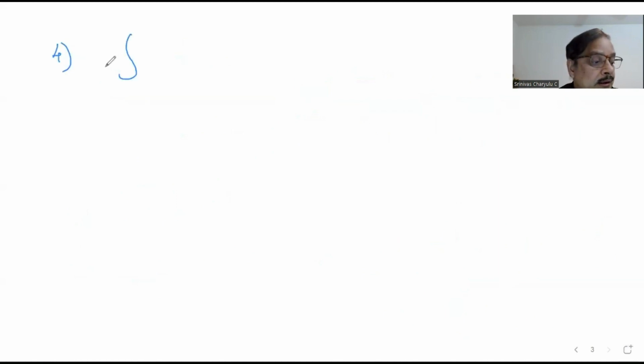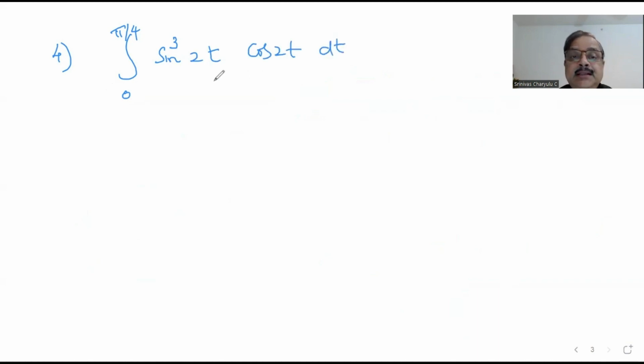Integral 0 to pi by 4 sine cube 2t cos 2t dt. In this case, we again have to take the method of substitution. Which one will we take? Put sine 2t is equal to u.